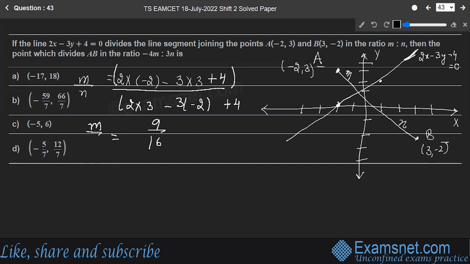This is the value of m upon n, correct? We have to find out minus 4m upon 3n. So minus 4m upon 3n will be given by 9 into minus 4 upon 3 into 16. So this will cancel out and you will have your answer as minus 3 by 4.